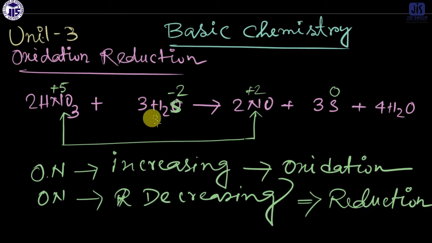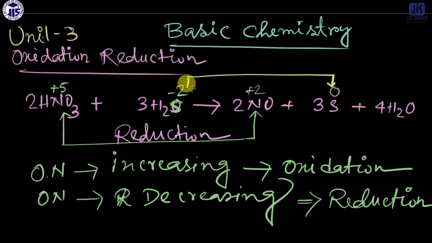So +5 to +2 is an example of decreasing oxidation number, so this is an example of reduction. On the other hand, look at sulfur: -2 to 0 means the oxidation number is increasing.